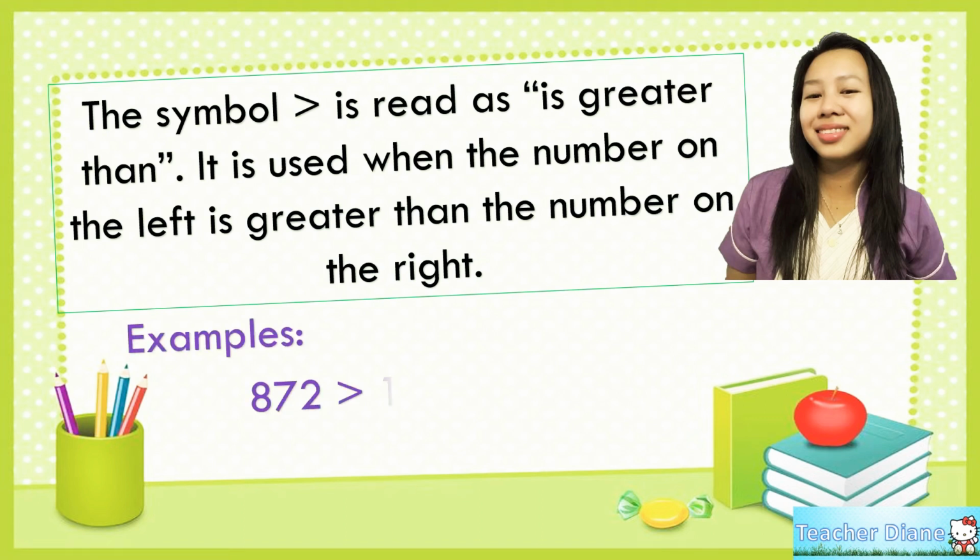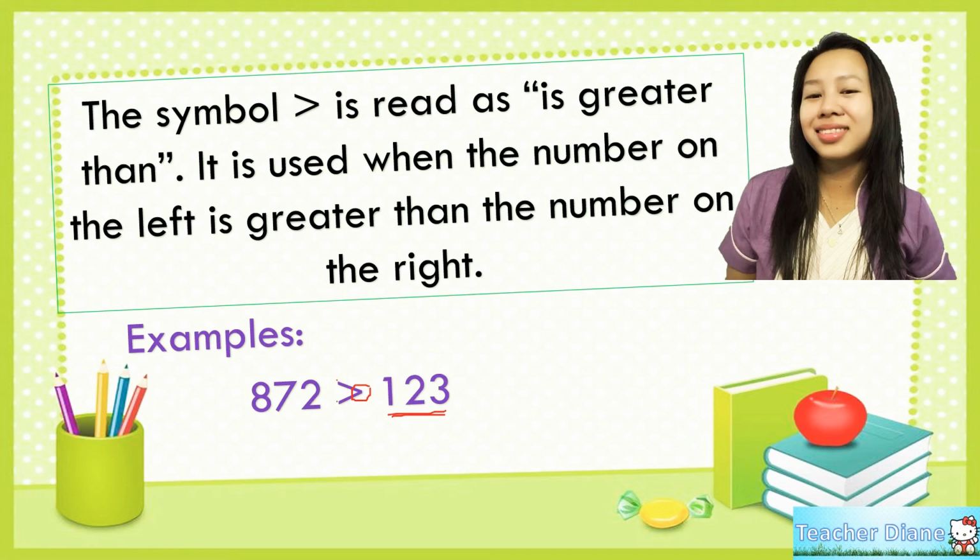Examples: 872 is greater than 123. So the pointed part here points to the lesser number. So 123 is the lesser number.